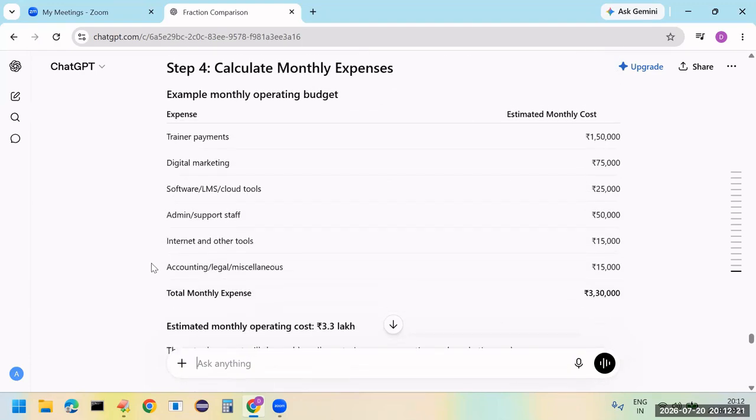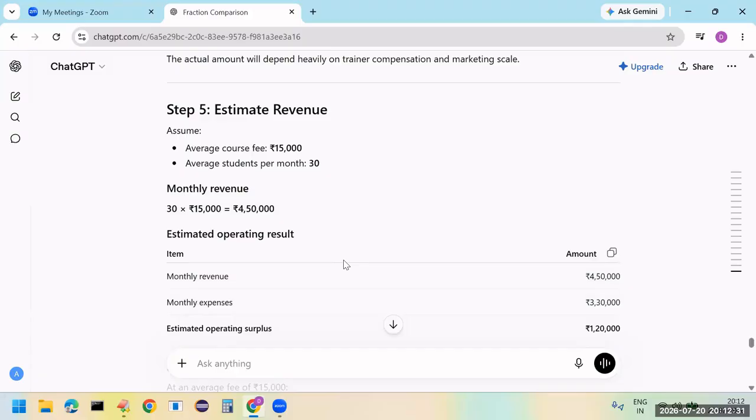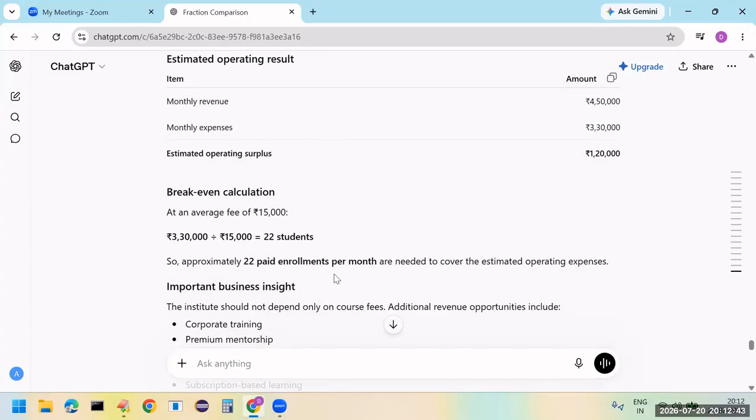Calculate monthly expenses: trainer payments, digital marketing. Monthly expenses will be around 3,30,000. Estimated revenue: average course fee 15,000, average students per month 30. Total monthly revenue minus expenses, how much surplus? 1,20,000.